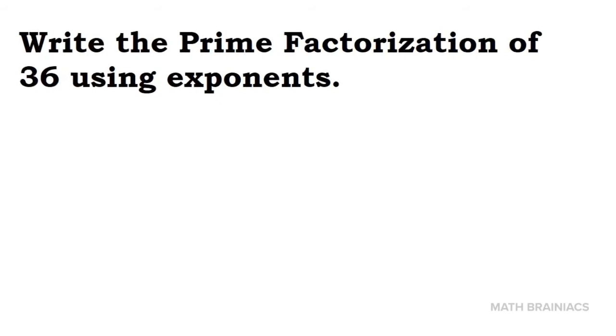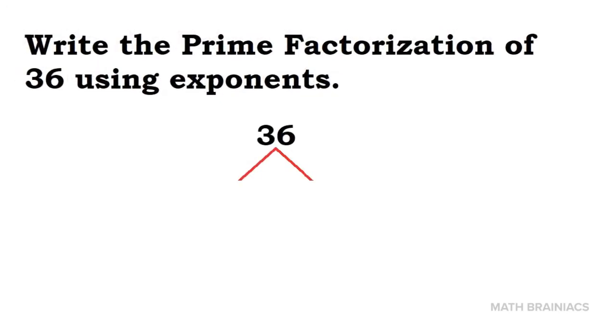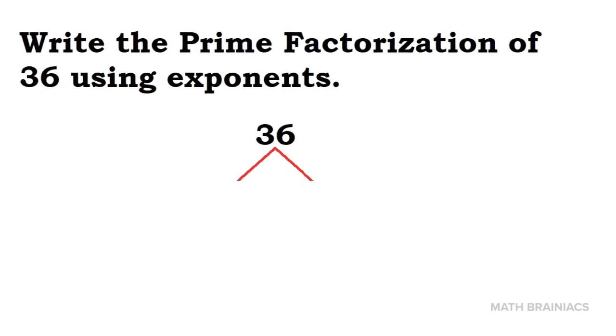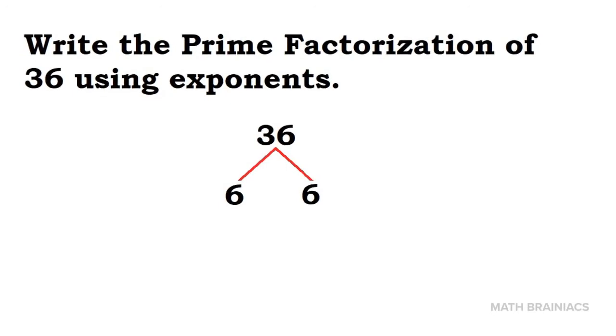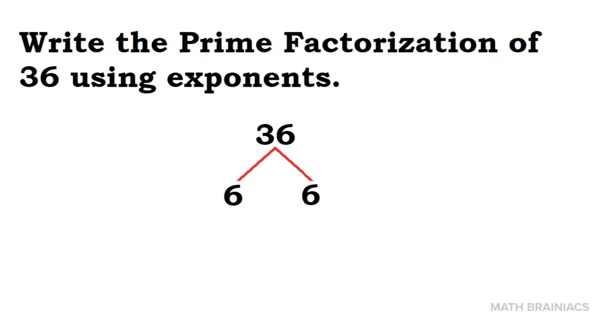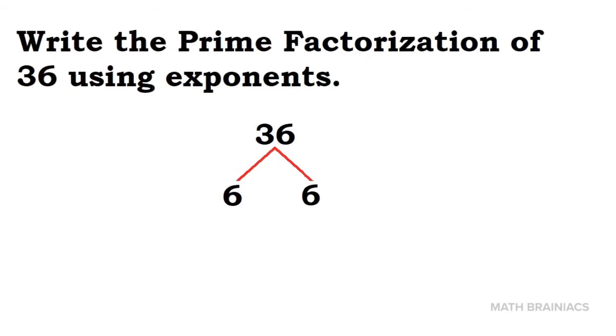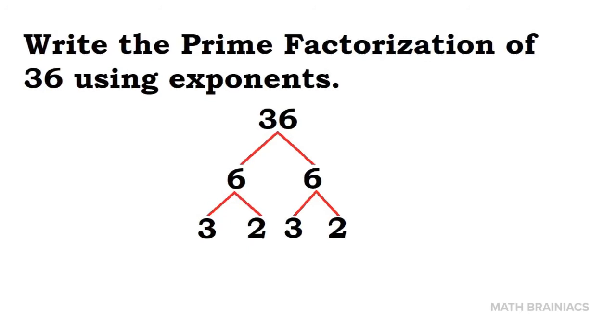Let's try to work on another example so that you can fully understand the lesson. Write the prime factorization of 36 using exponents. We are going to write the number to be factored first. Afterwards, we are going to look for any two numbers that is a factor of 36. And in this case, I chose 6 times 6. Next, we are going to look for any two numbers that is a factor of 6.